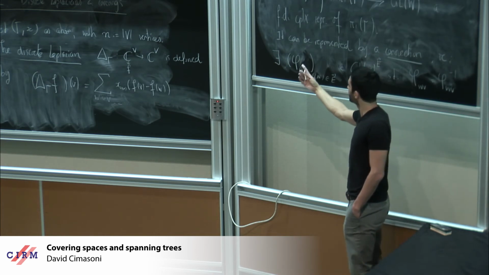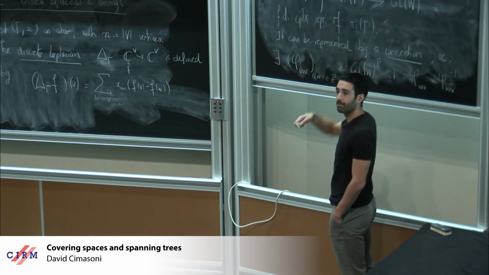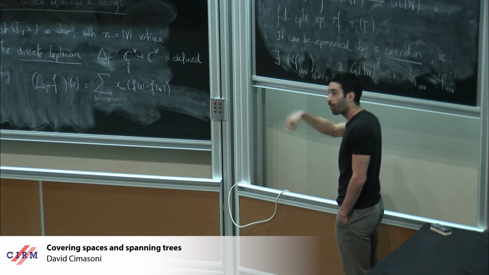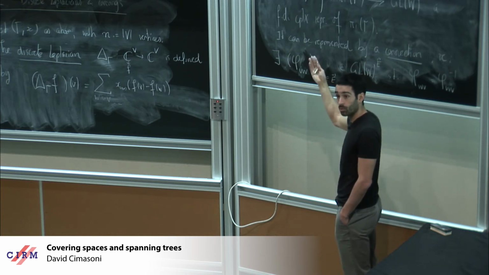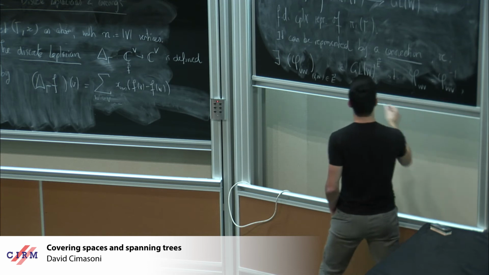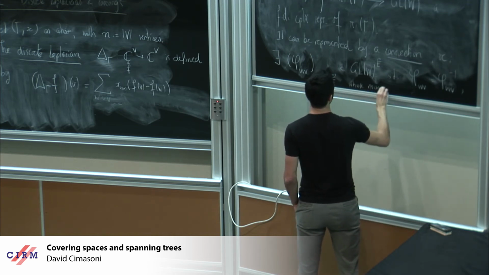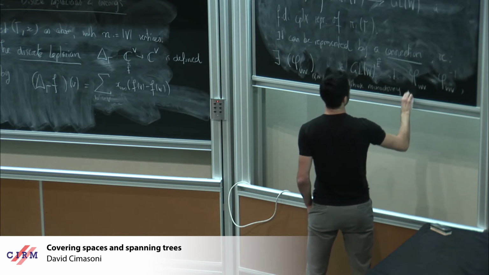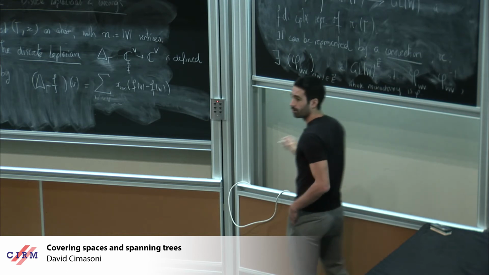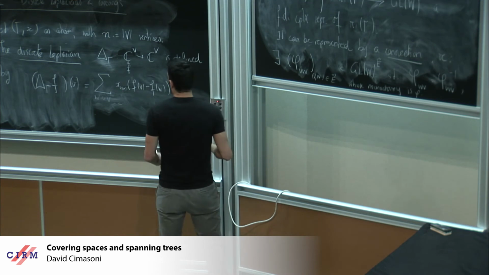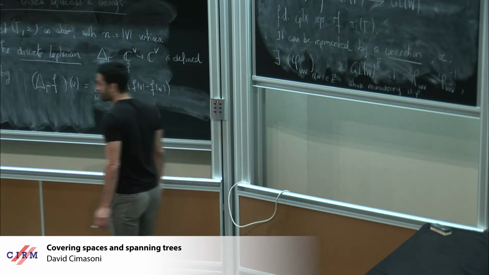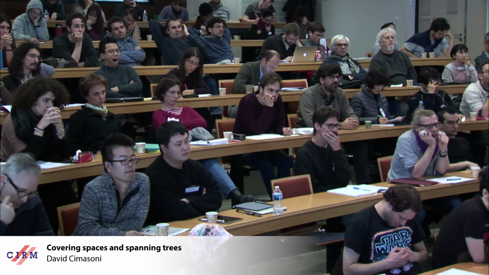And then I want this connection to represent my homomorphism. That means the monodromy of this connection is equal to rho. Okay? So let me write it this way, whose monodromy is rho. And now I can use this board again.